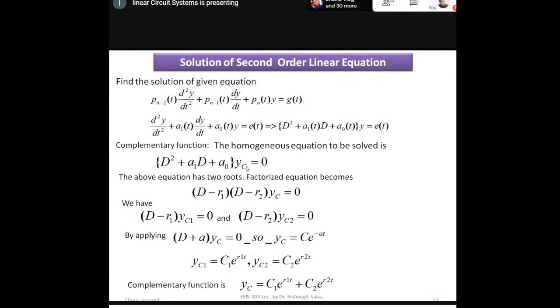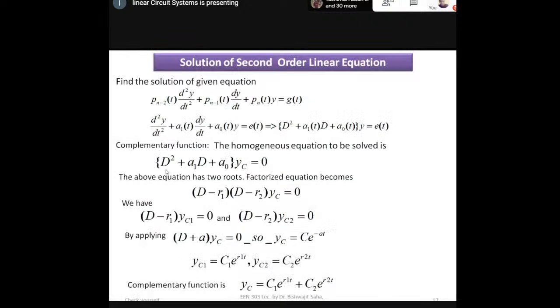In case of yc, the right side will be 0 because we always find yc in terms of the homogeneous condition. Since it is 0, we can write it in this form: D minus r1, D minus r2, yc equals 0. How D minus r1, D minus r2, does everybody understand?